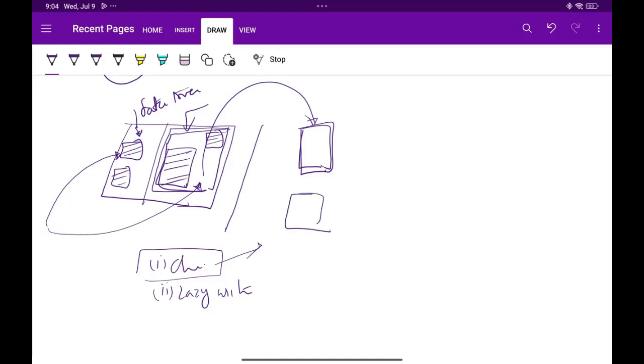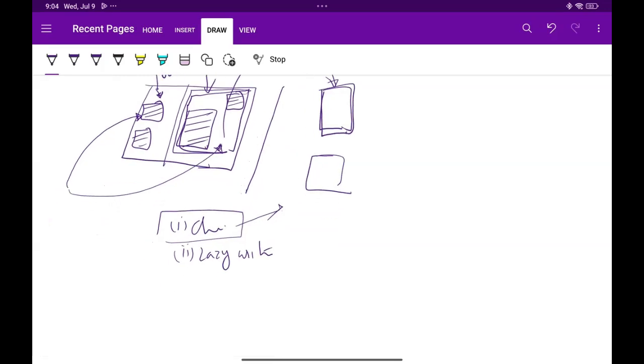Whereas lazy writer is not periodic. Whenever it gets memory pressure and needs to release some memory, at that time it flushes.